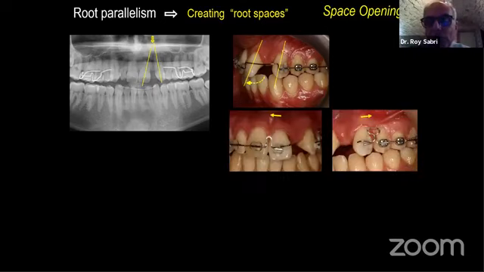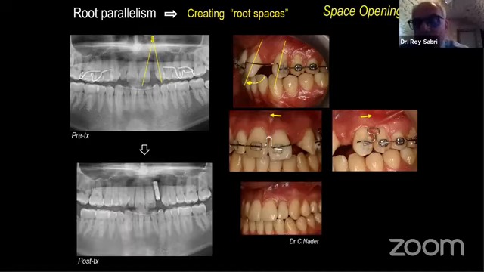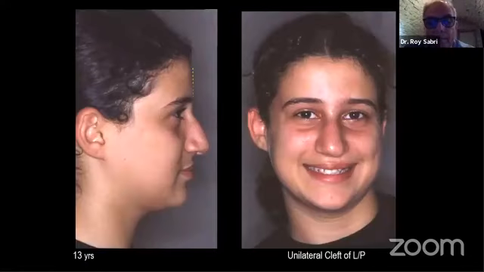So here I angulated the bracket and then used this type of loop to increase flexibility, distal drive the root of the canine and mesial drive the root of the incisor, and overcorrected the parallelism.